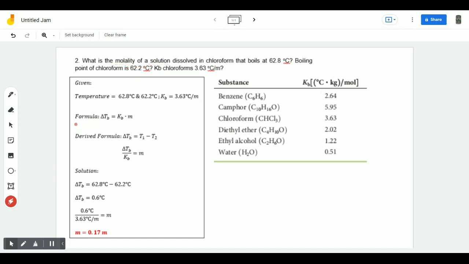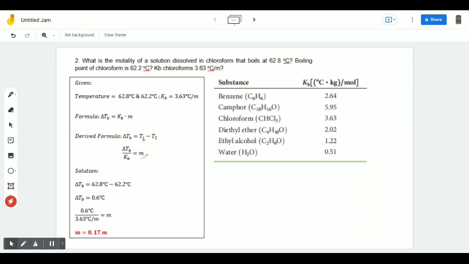Then, di ba may formula tayo ng boiling point elevation, which is boiling point elevation is equals to molar boiling point elevation constant multiply to molality of solution. Since molality of solution ang hinahanap, i-derive natin siya, ito, by dividing both sides by Kb para mahanap si m.